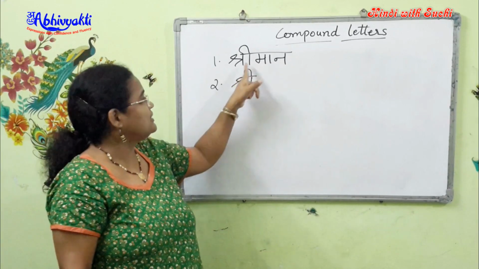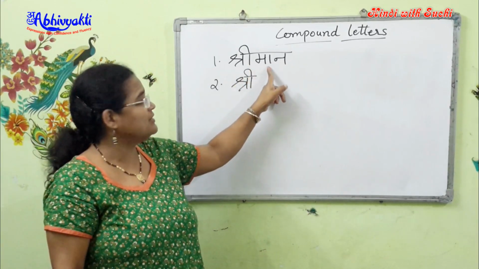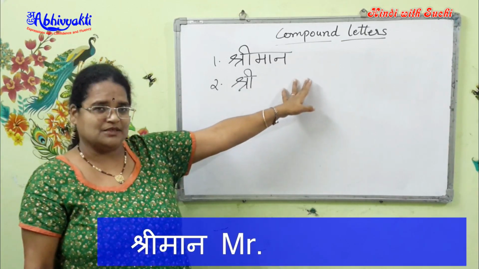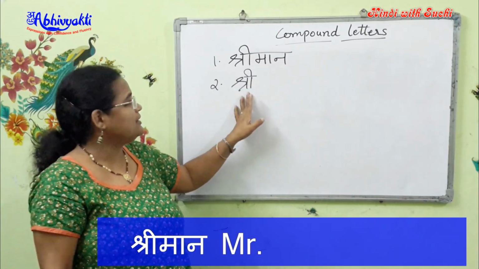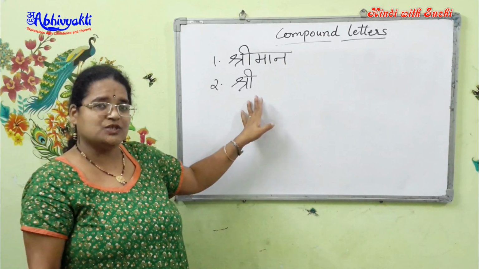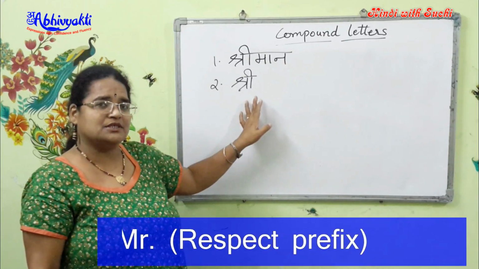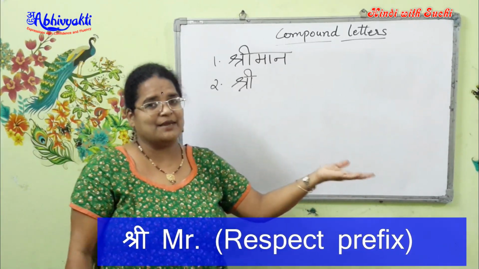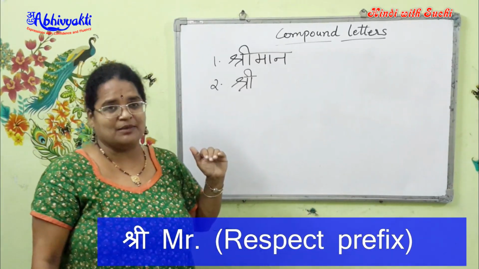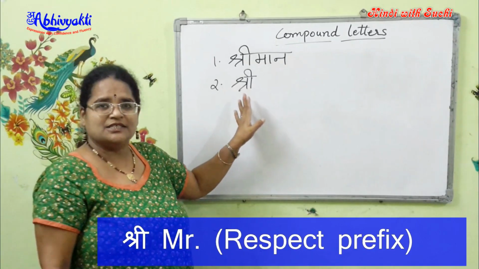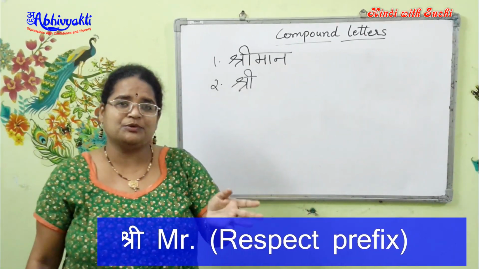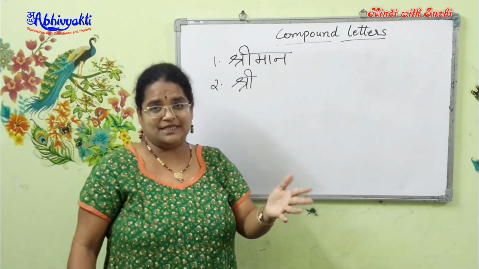Now let's have the letter Shra and have Shriman. Shriman. Shra with e matra, Shri, Ma with a matra and Na. Shriman, it's like the word Mr. And just Shri. Shri is a respect word just like the word ji, but ji is used after the name. This one is used before the name, but Shri is used for really great achievers who have really contributed to the world in a great deal.